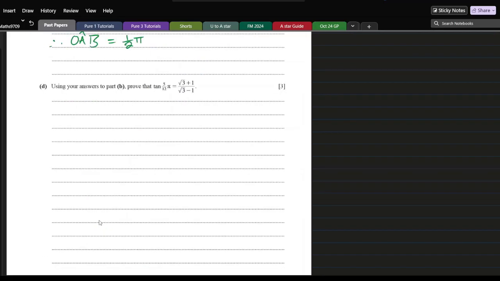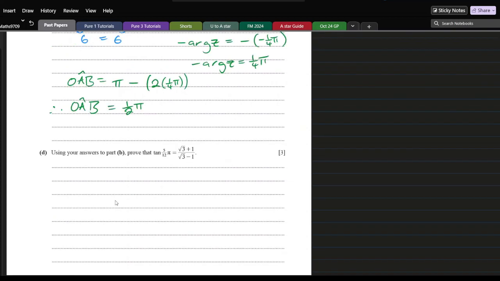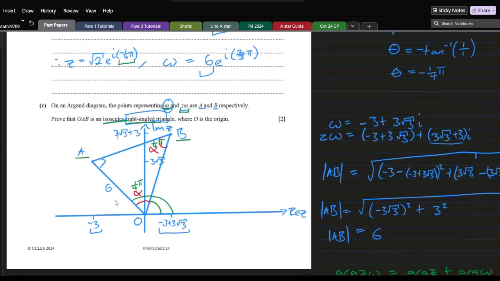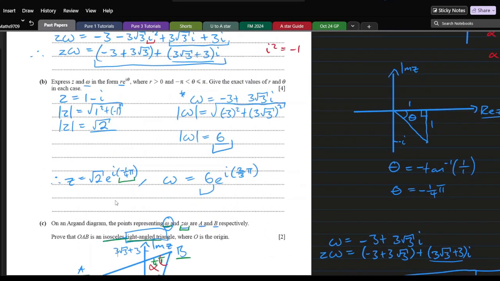Part D says, using your answers to part B, prove that tan 5 over 12 pi is equal to root 3 plus 1 over root 3 minus 1. Okay, so let's look at part B. From part B, what information do we have? It looks like we're going to need the argument of z and the argument of omega.